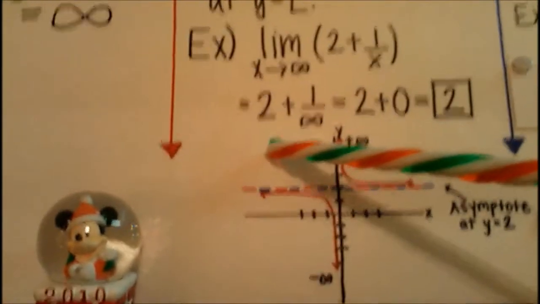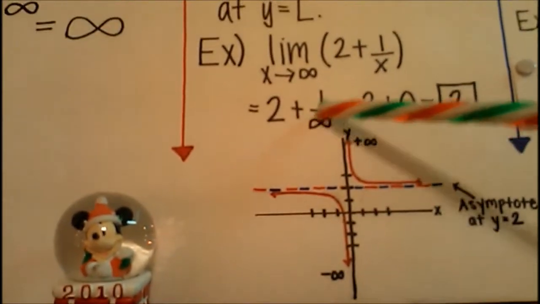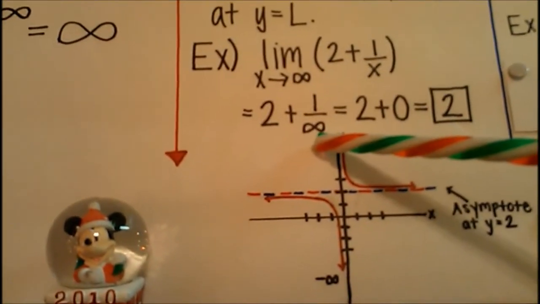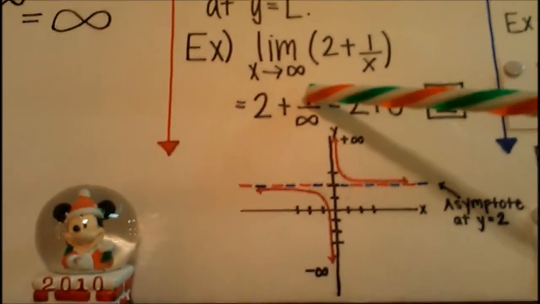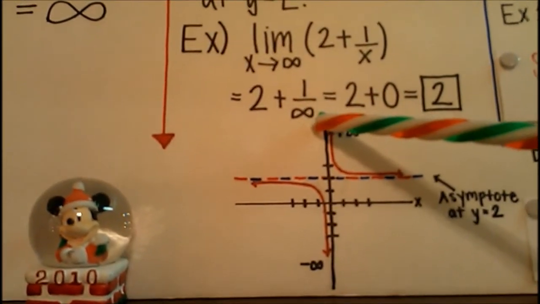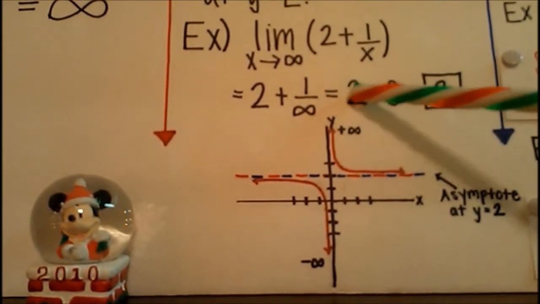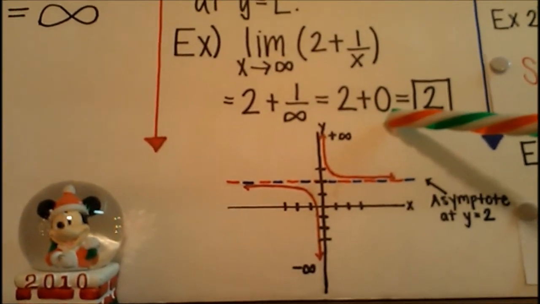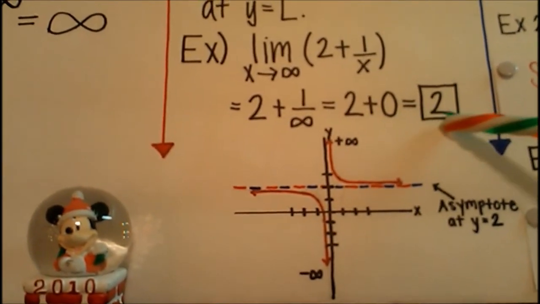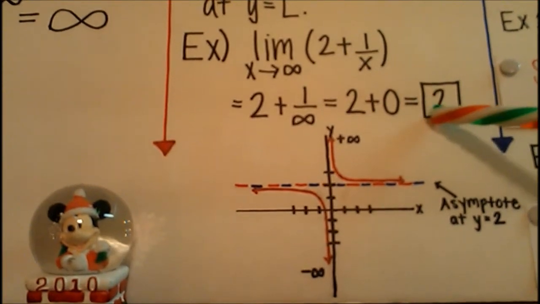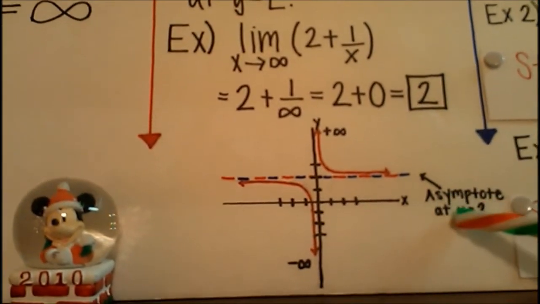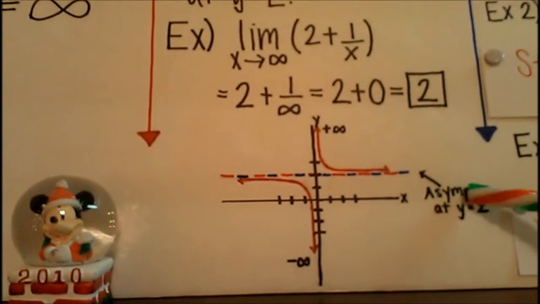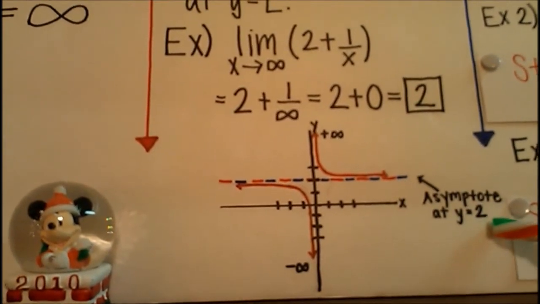So once you plug it in, you have 2 plus 1 over infinity. Any number over infinity is 0. So to simplify, it equals 2 plus 0, which equals 2. This being said, it has a horizontal asymptote at y equals 2.